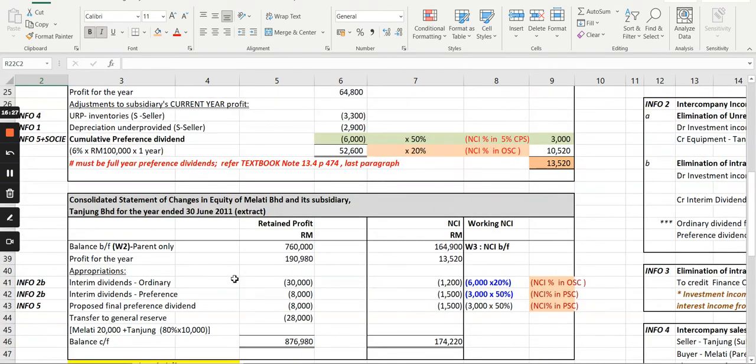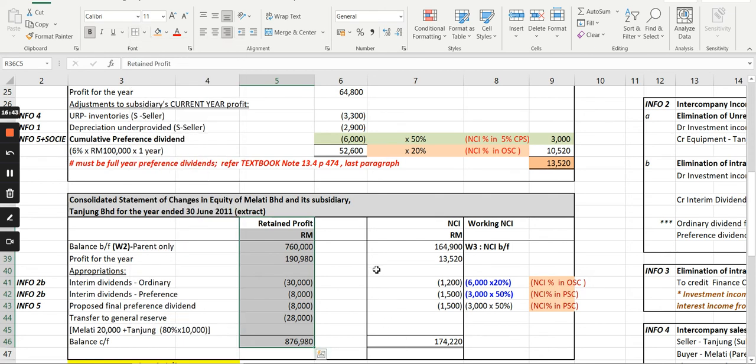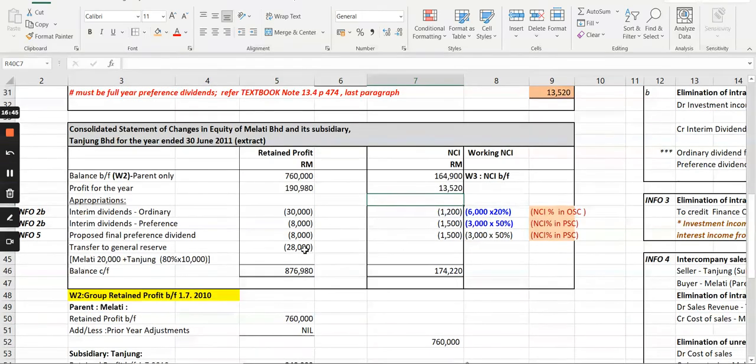Now we move on to the next task, which is to prepare the consolidated statement of changes in equity. We have two columns. One is the retained profit column. And the next one is the non-controlling interest column.